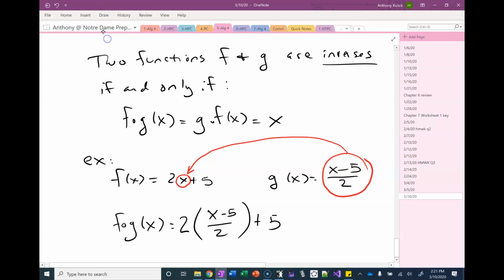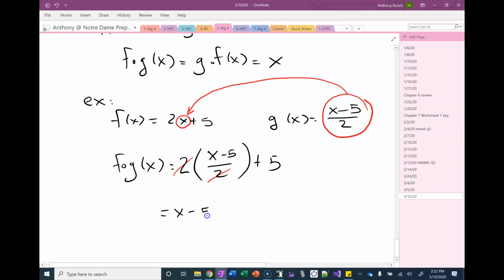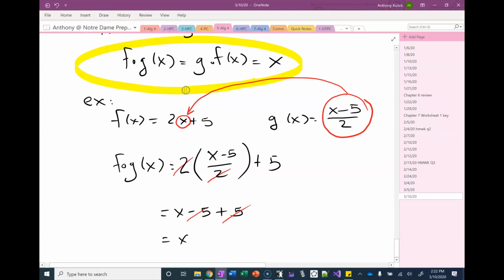Notice that I have a multiply by 2 and a divide by 2. Do you guys see that? So those will cancel. And then I have a minus 5 and a plus 5. Those can cancel. And I'm left with x, which is exactly what I'm supposed to get if these two functions are inverses, right?